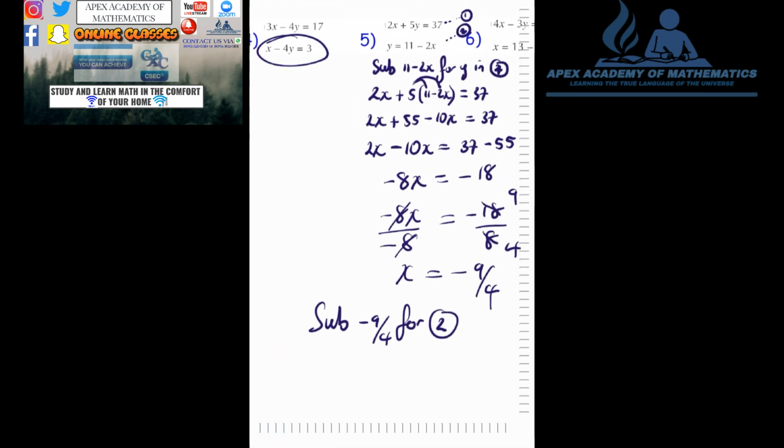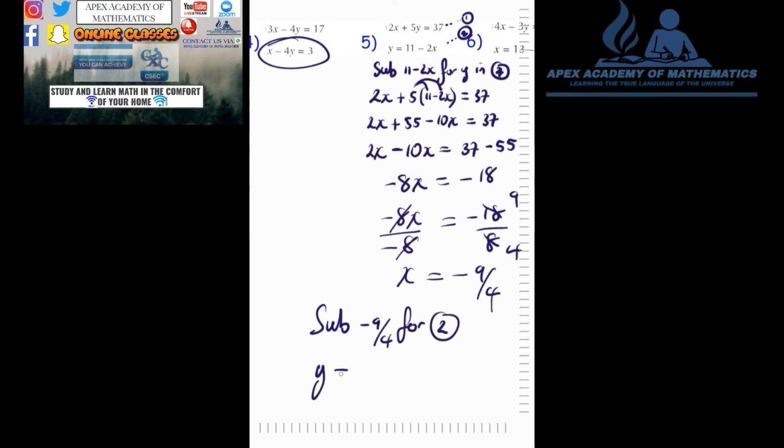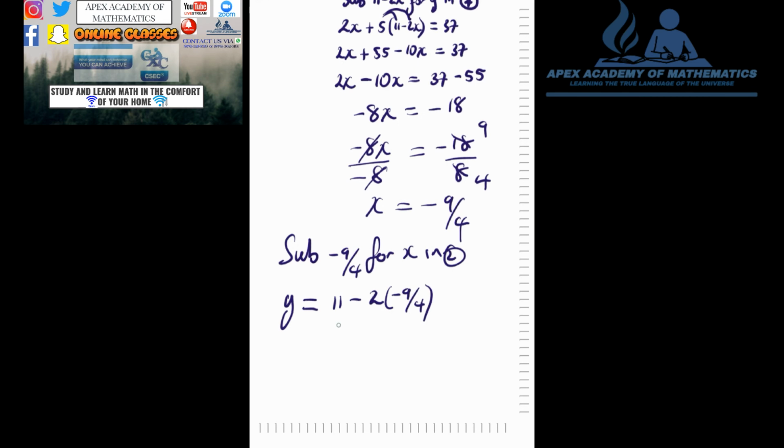So let's do it. So we have y is equal to 11 minus 2 times negative 9 over 4. So let's write it better here. So we're going to substitute negative 9 over 4 for x in 2.